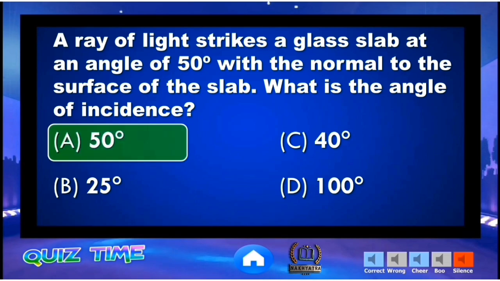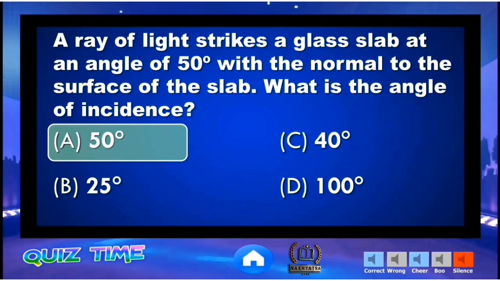So those students who marked option A, well done guys. I hope you understood the question. And those students who thought option C, that is 40 degree, you did not read the question properly, see what happened. The light ray did not strike the surface of the glass slab.